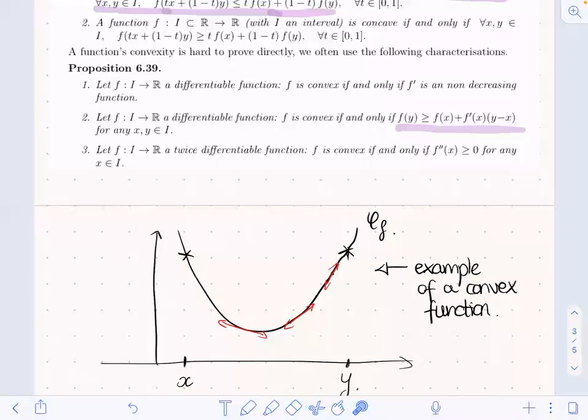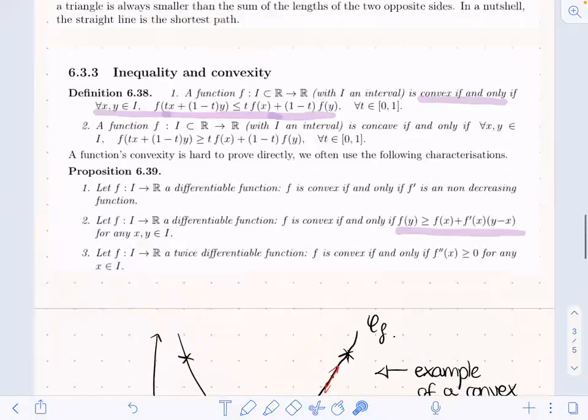And the important thing to take away is that you need to have seen these definitions before, but you need to remember that f prime prime positive means that your function is convex, and that a convex function is always above its tangents. So one function that you can remember is basically x squared.